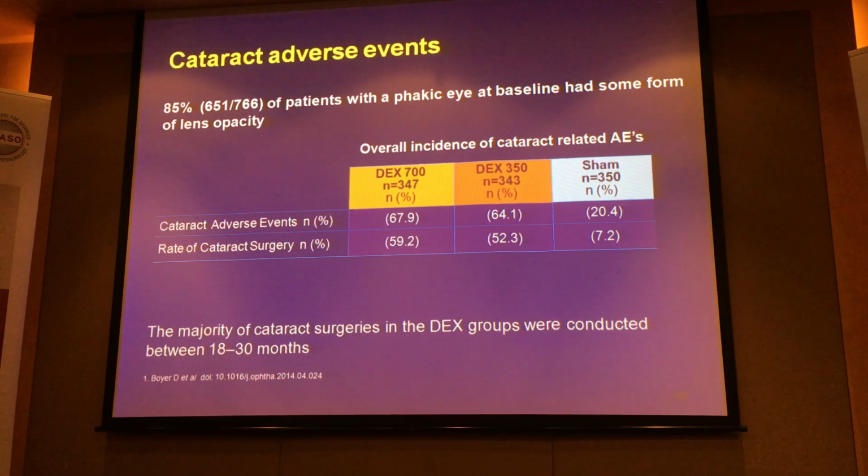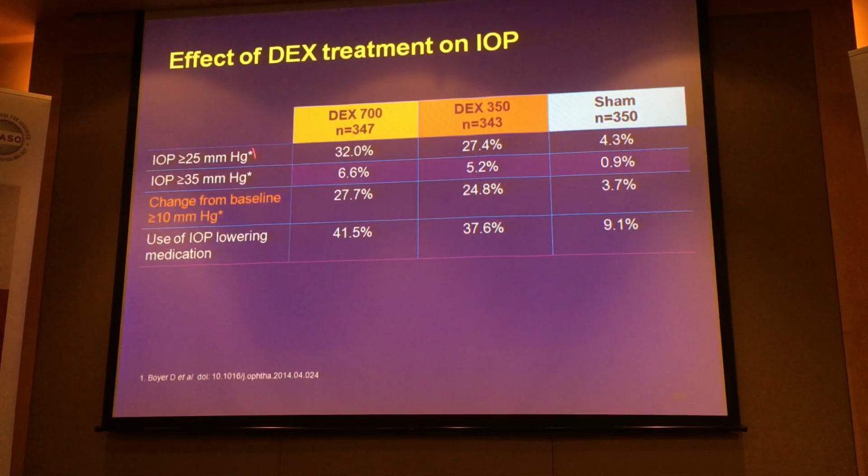But we did have cataract and glaucoma. So cataract, of course, 67% in the DEX 700. And the rate of cataract surgery is 60%. So you just have to bear that in mind. If you're not prepared to do cataract surgery, don't put in a DEX implant. Actually, it's the same with triamcinolone, which is similar at 60%. And in terms of effect on IOP, 30% had a rise of 10 or more mmHg from baseline.